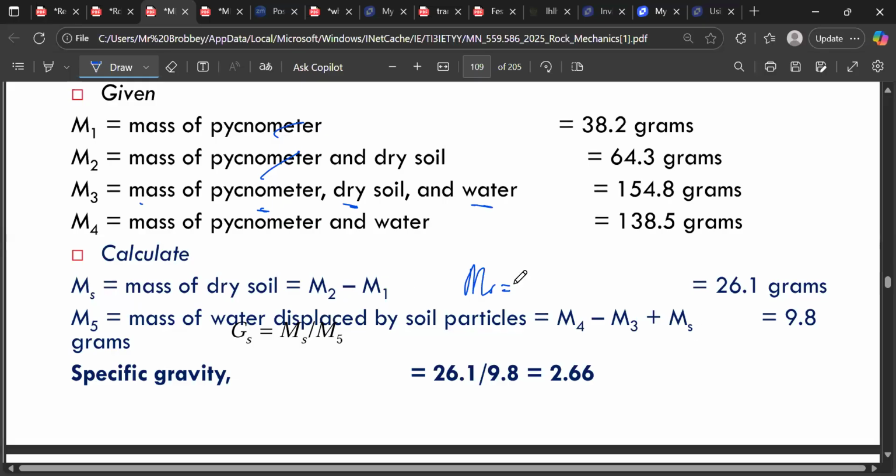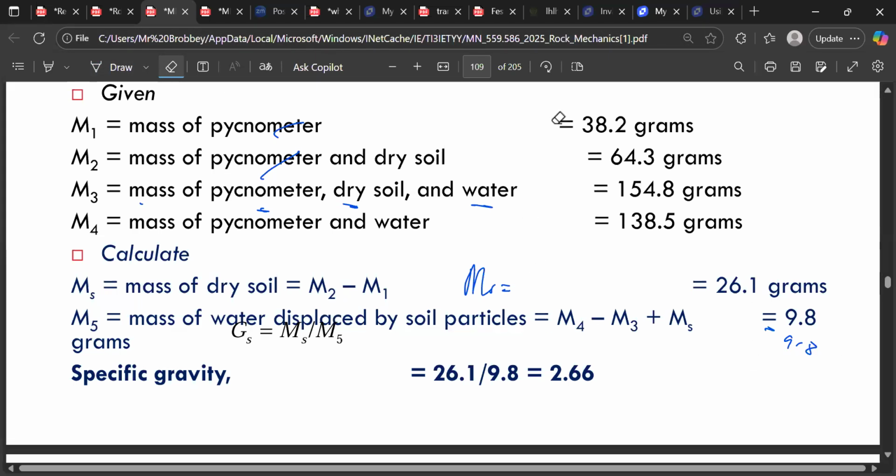When you sum those parameters up, MS is equal to 26.1 grams, and to see how much water the solid displaced, we get 9.88 grams, almost 9.81.